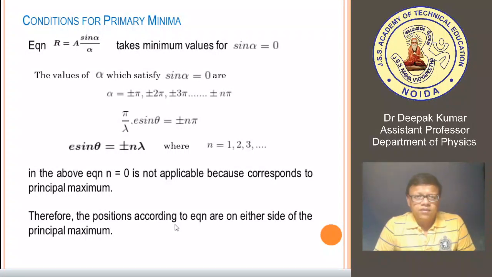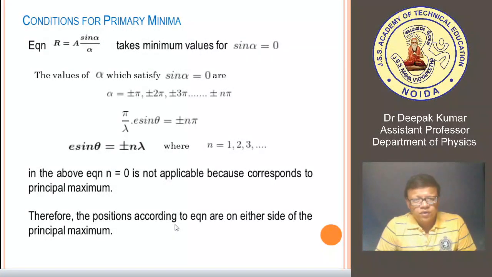So now alpha is plus minus n pi is the condition of primary minima, and because alpha is pi e sin theta upon lambda, I can directly write pi e sin theta upon lambda must be equal to plus minus n pi, and by rearranging these terms, you will get e sin theta equal to plus minus n lambda, where n can take any integral value, but it cannot take a value of 0, because if you put n equal to 0, you will get a value of alpha equal to 0, which is the condition of central maximum. So this expression is valid for conditions for primary minima for all values of n, but not 0.